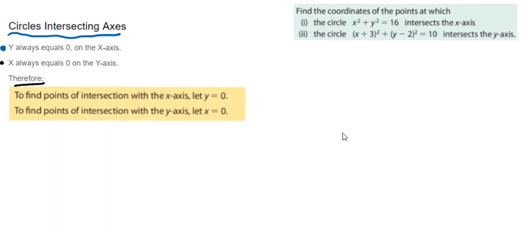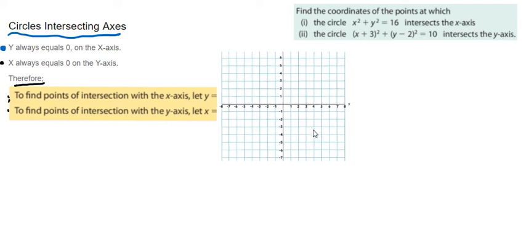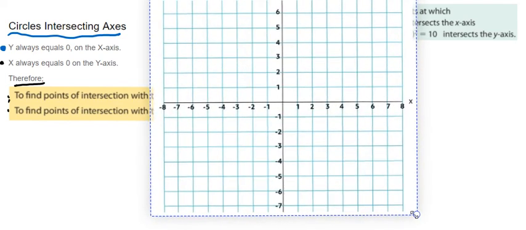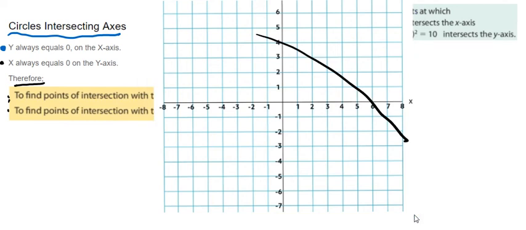Therefore, to find points of intersection with the x-axis, let y equal 0. To find points of intersection with the y-axis, let x equal 0. So all we mean is when something intersects the x-axis, y has to be 0. So if I was a line there, that point there is obviously the point 6, 0, so the y is 0 on it.